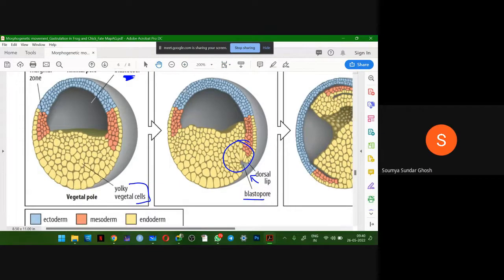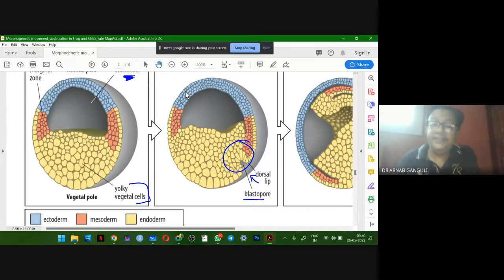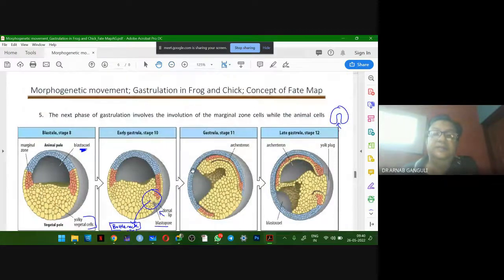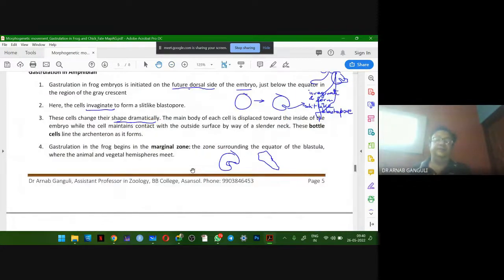Yes, sir, we can see. It's like a bottle. These cells are known as bottleneck cells, in the lining. And these bottleneck cells line the archenteron as it forms.